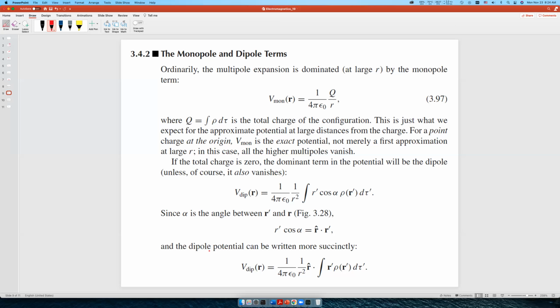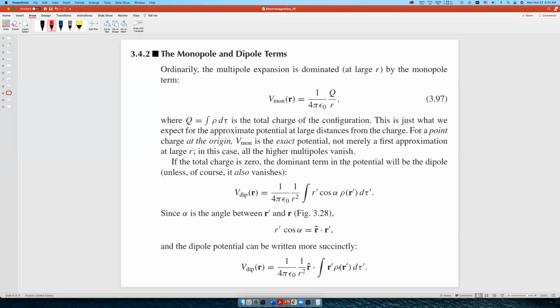Then the dipole potential can be written more succinctly: V dipole equals 1 over 4 pi epsilon 0, 1 over r squared, times the unit vector r-hat, dot product with the integral of r prime rho d tau.